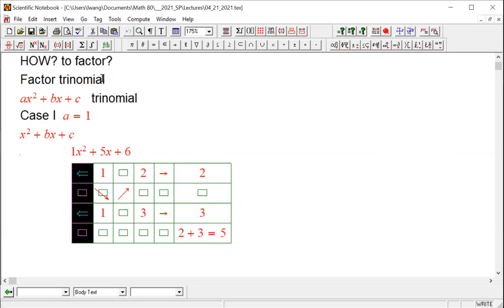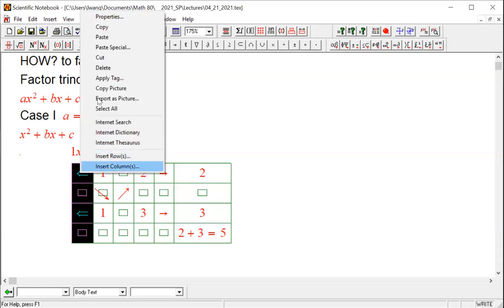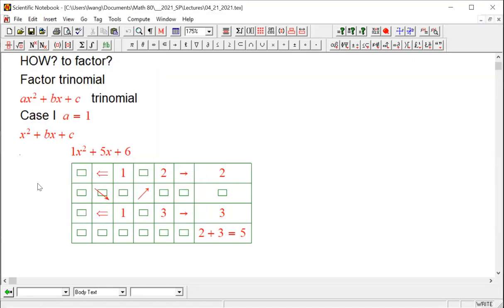So what are these 2 factors? From the first row, this arrow is in the wrong place, so I'm just going to get rid of it. We don't need that. From the first row is x, this is 1, 2, the first row, right?